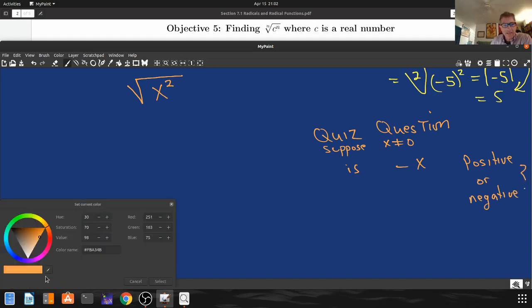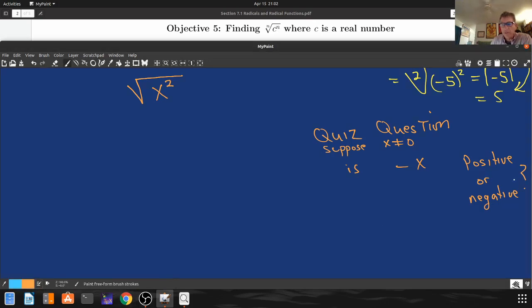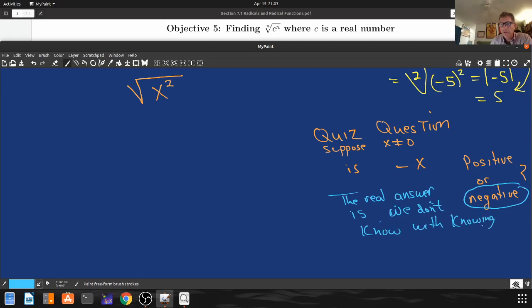Well, I'm going to guess a lot of you are choosing answer B, but that's not correct. The real answer is we don't know without knowing the value of x.